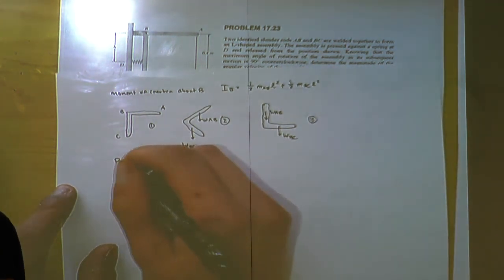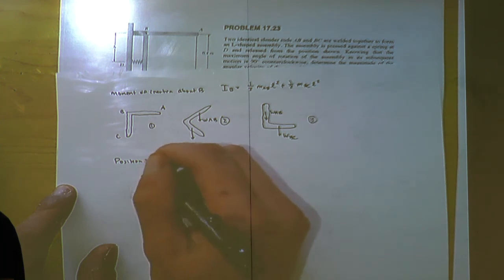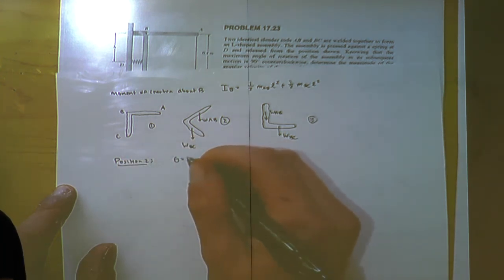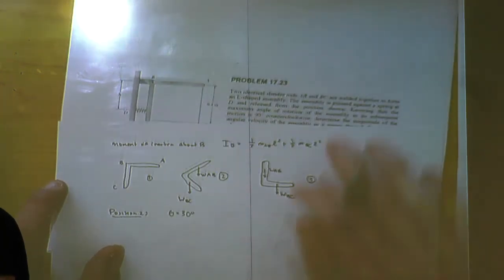So looking at position 2, we have that theta is 30 degrees.